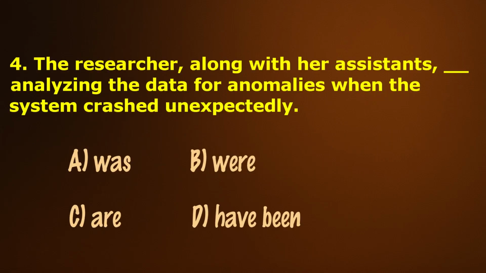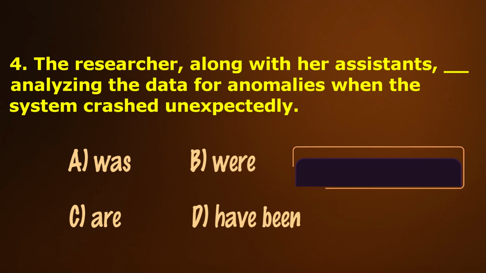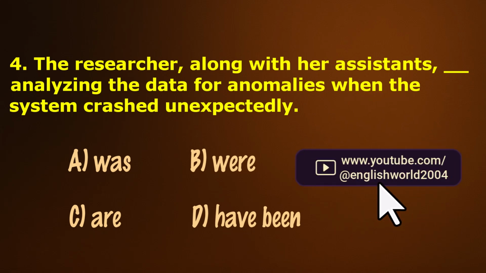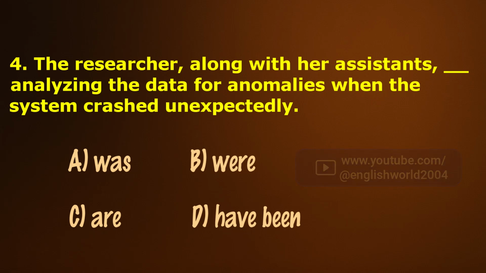Number 4. The researcher, along with her assistants, blank analyzing the data for anomalies when the system crashed unexpectedly. Was, were, are, have been. The correct option is A, was. Why? Well, if we look at the last part of the sentence, we can see that it was in the past.